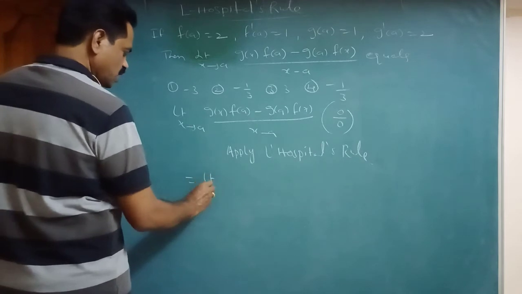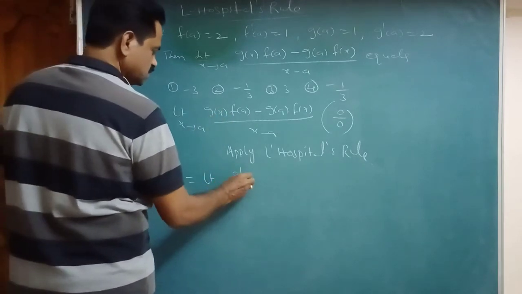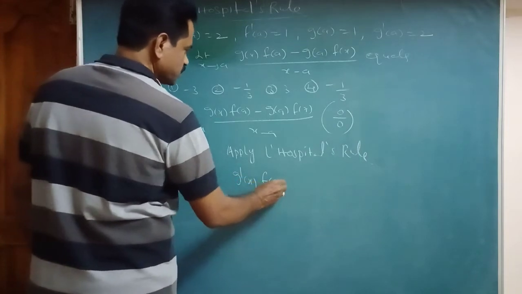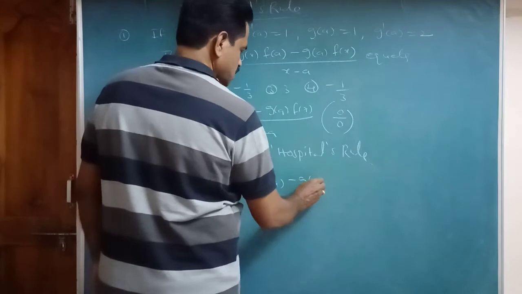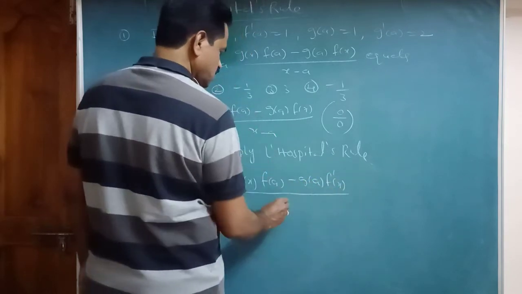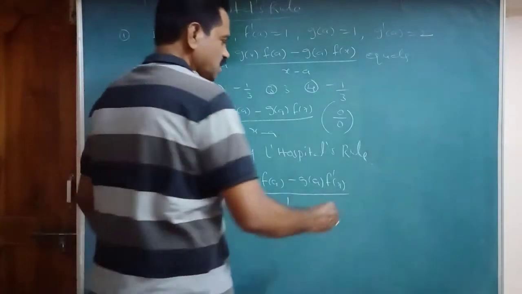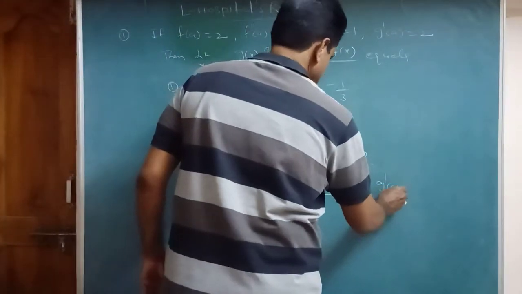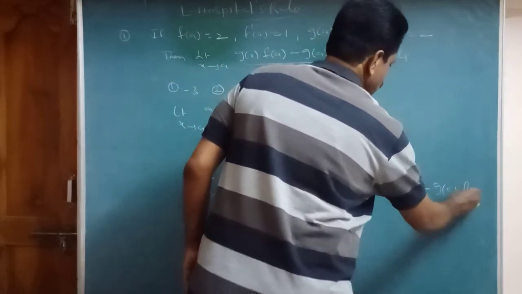That equals limit x tends to a. We know that g of x differentiation is g dash x into f of a, g of a into f of x differentiation is f dash x, divided by x minus a, x differentiation is 1, constant is 0. It is how much here? 1. Now x equal to a, substitute here. That is g dash a into f of a minus g of a into f dash a.